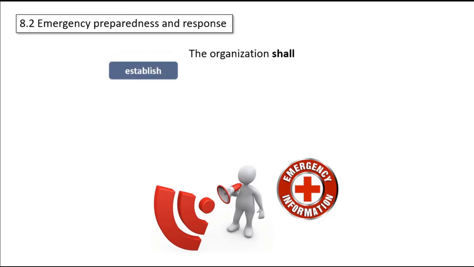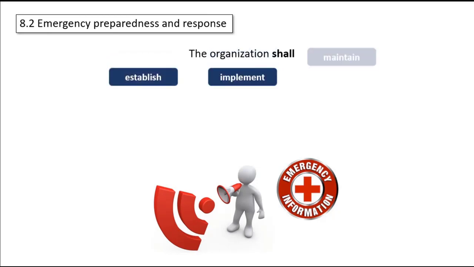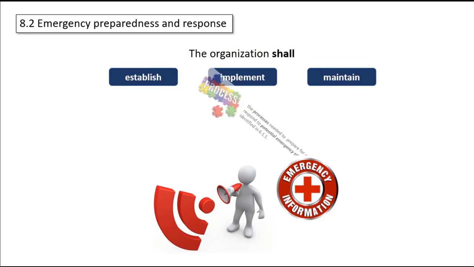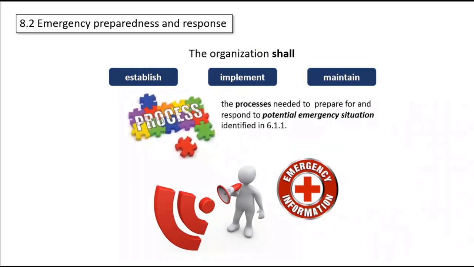The organization shall establish, implement, and also maintain the processes needed to prepare for and respond to the potential emergency situations already identified in 6.1.1, which is related to planning. Under 6.1 is about risks and opportunities.